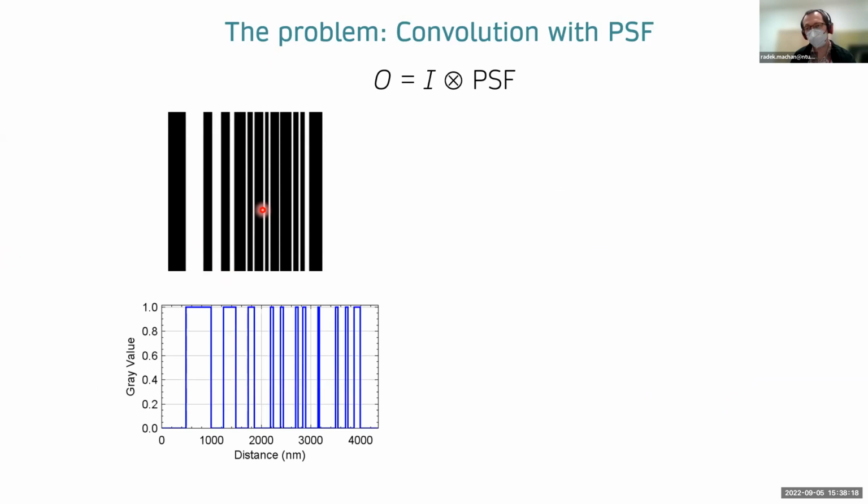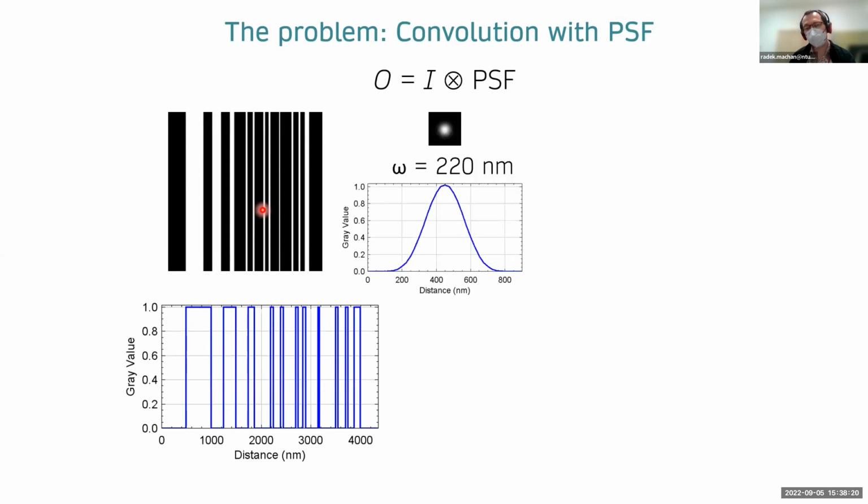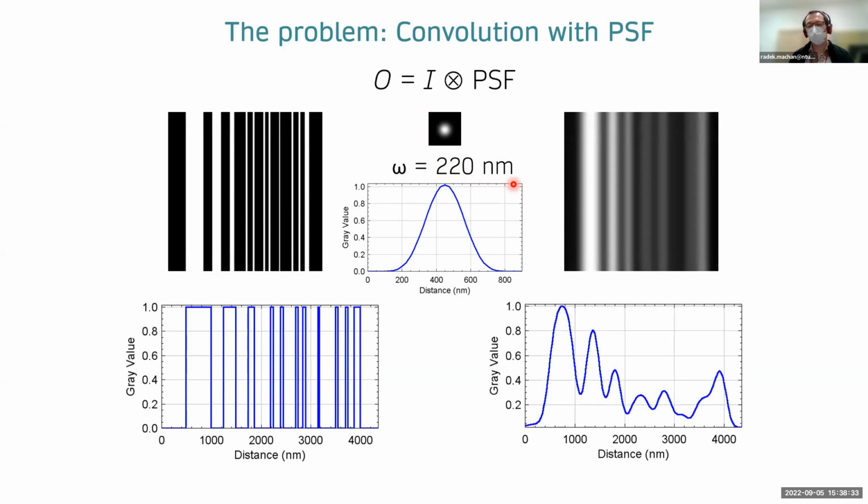So this is the profile, and then we perform convolution with a point spread function, which we simulate with a width of 220 nanometers, so something realistic for an optical microscope. And then we get an image which could look like this.